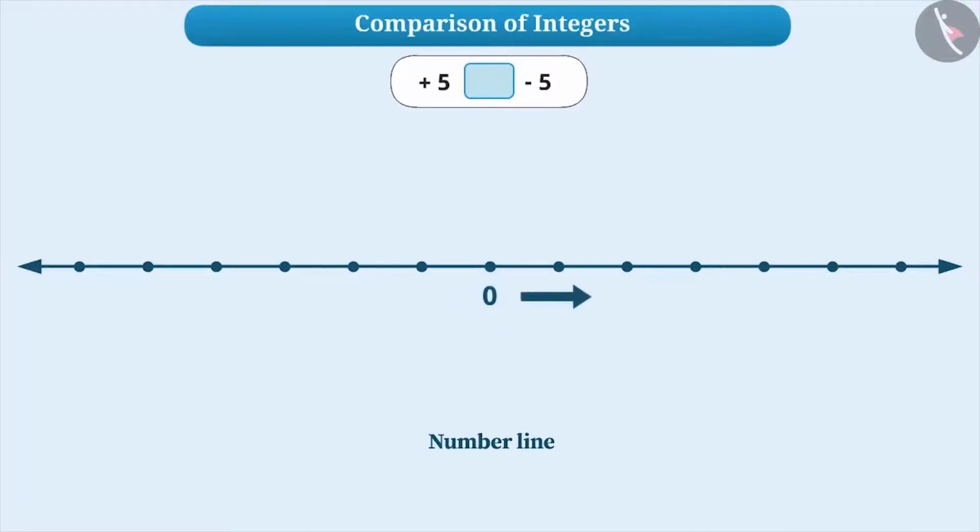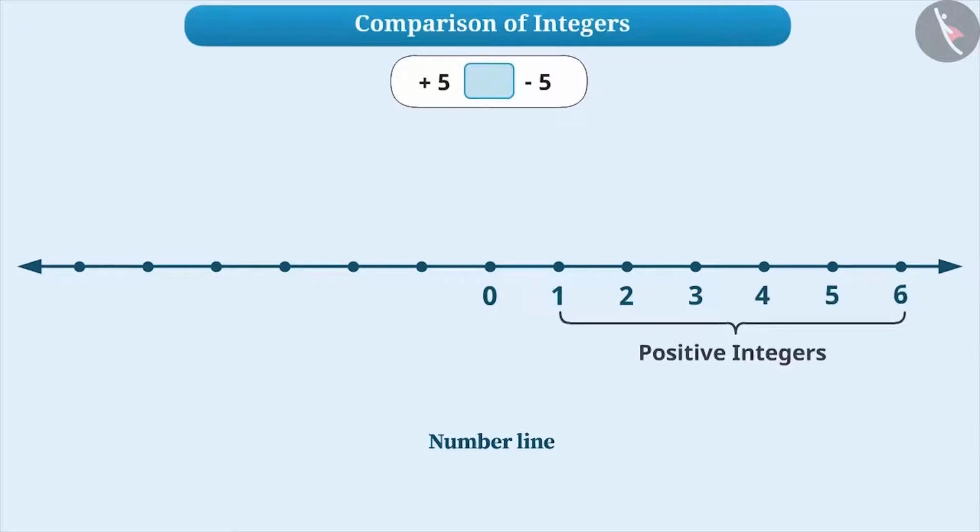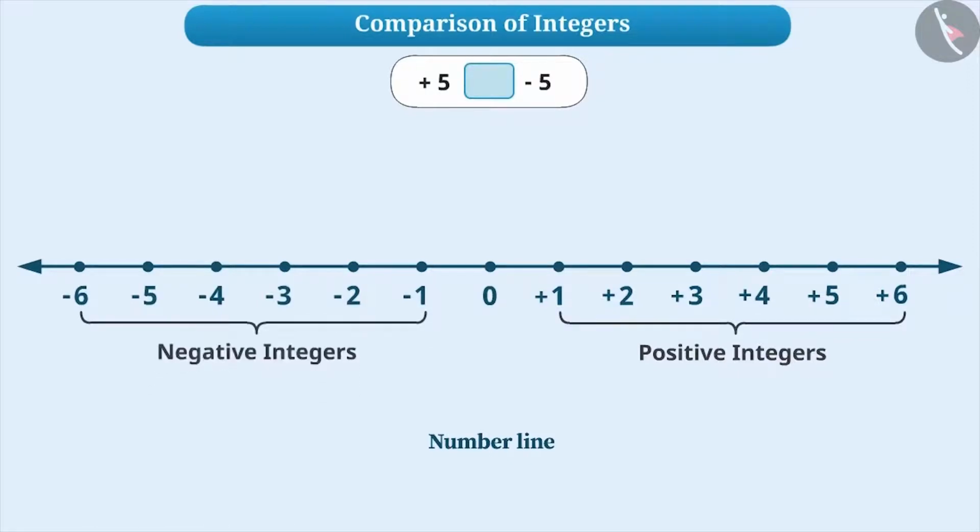On the right of 0, mark positive numbers such as 1, 2, 3, etc. It would be correct to express them with a positive sign, such as +1, +2, +3, etc. Similarly, to the left side of 0, mark the negative integers such as -1, -2, -3, etc. By doing so, we have obtained the number line of integers.